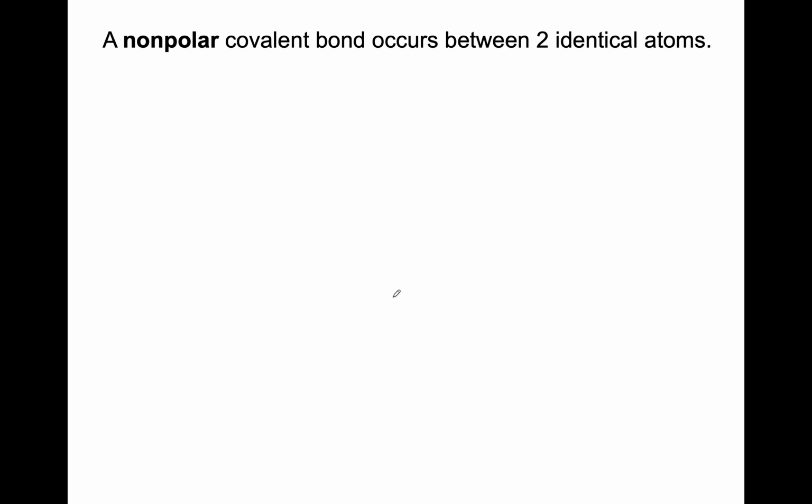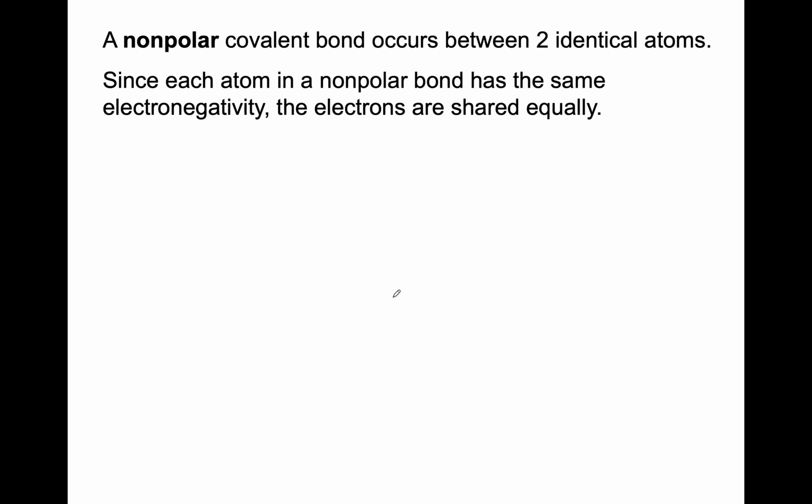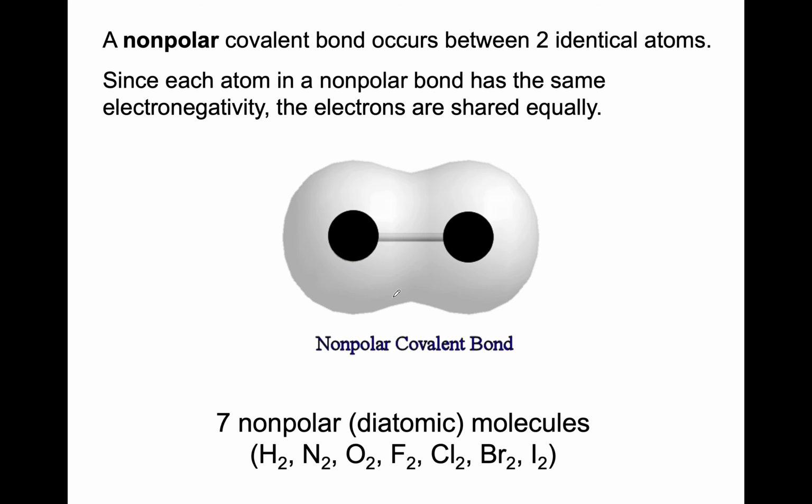All right? So a nonpolar covalent bond occurs between 2 identical atoms. Since each atom in a nonpolar bond has the same electronegativity, the electrons are shared equally. All right, so for example, if these are both hydrogen, which is probably more accurate because they're only sharing a single bond, they're going to share the electrons equally.